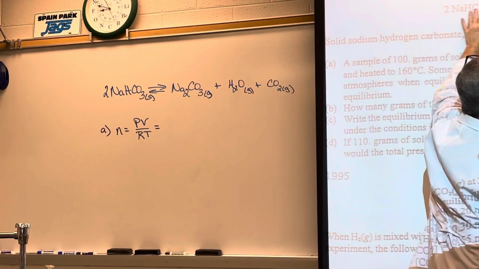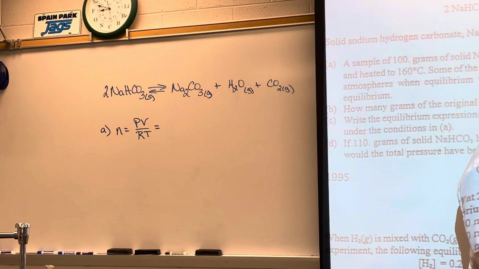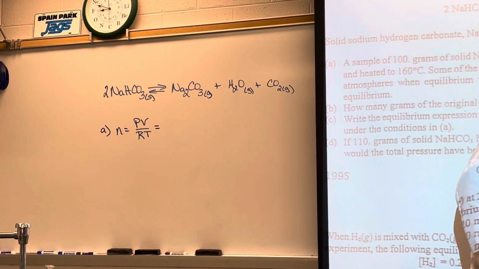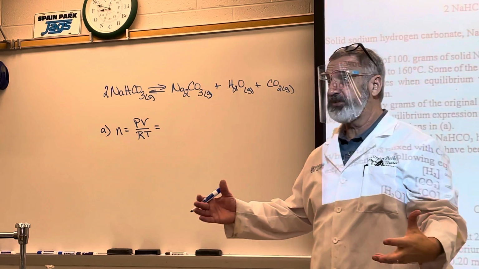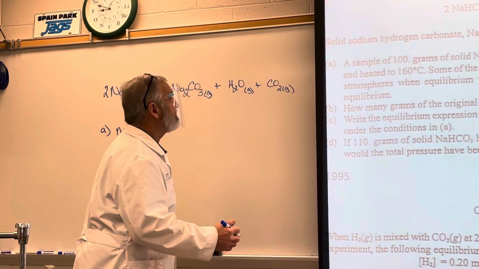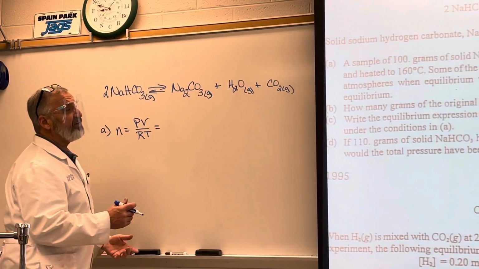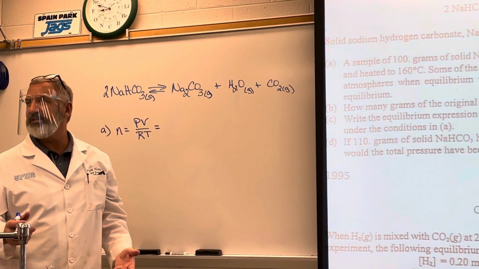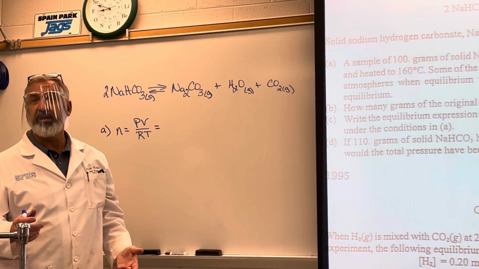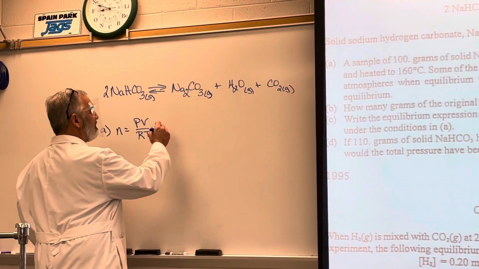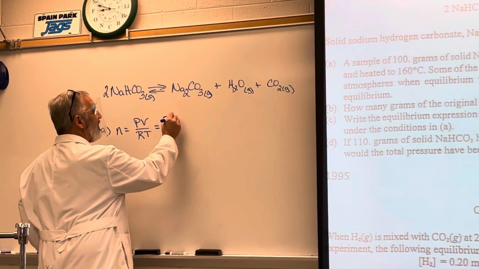So as this decomposes, for every one of these, you get one of those. Which means equal pressures, because equal moles equal pressures. So I know then that it's going to be 7.76 divided by 2, which is 3.88 atmospheres.